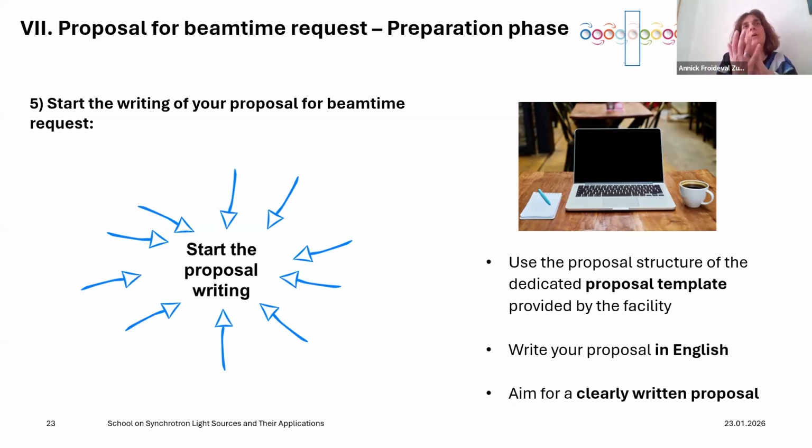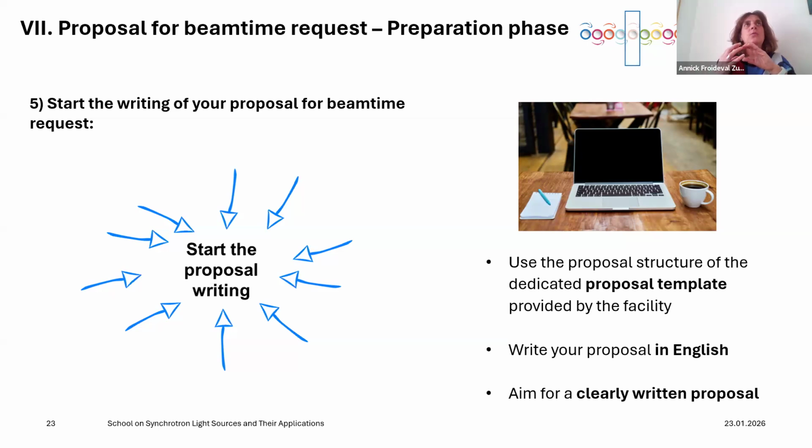the people that we call the reviewers, who will read your proposal, analyze it and decide whether or not it will be granted, may not be experts in your field.